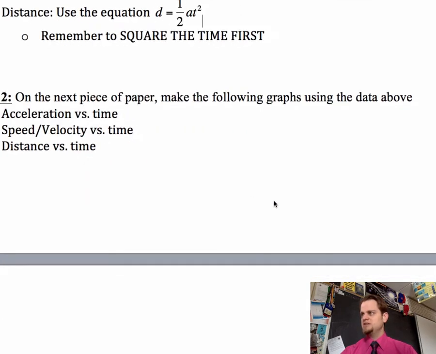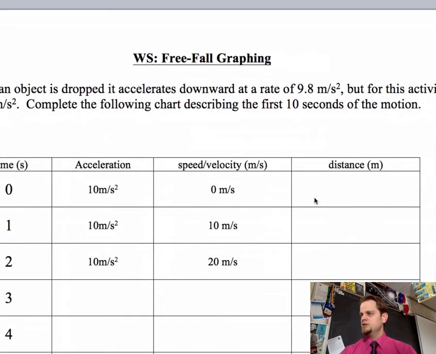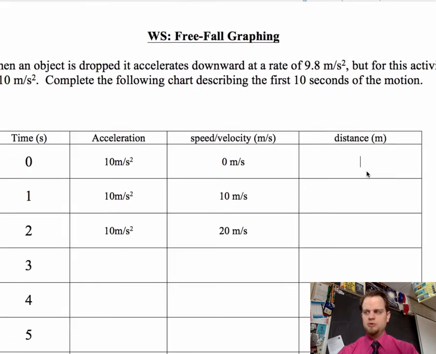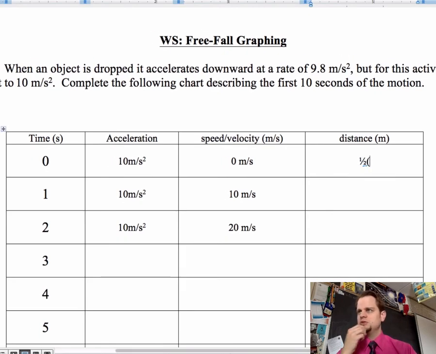So here's what we do. I'll do the first 3 as an example, okay? So the distance is 1/2 AT squared. So for the first one, we would do 1/2, and what's A? What's the acceleration? Oh, it's 10. What's time? Time is 0.